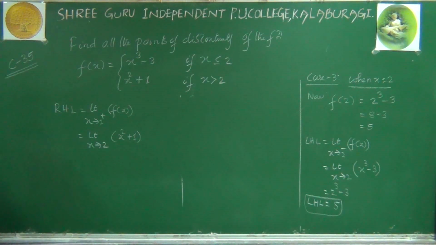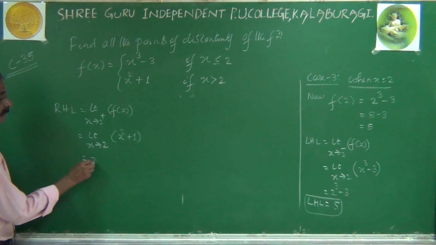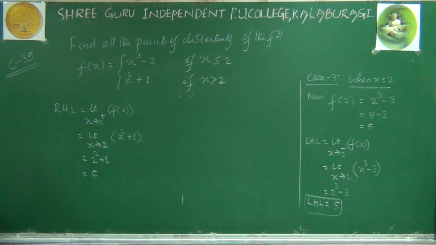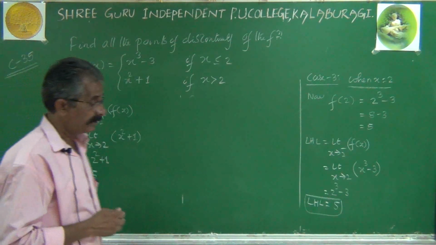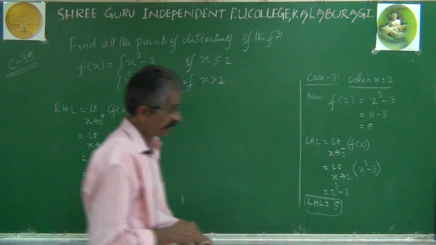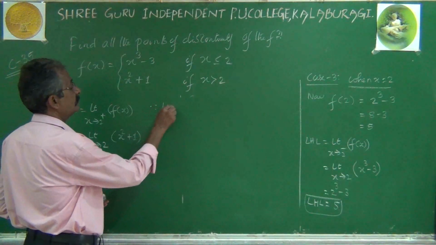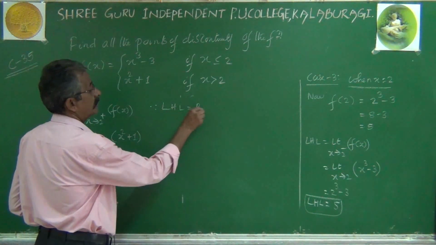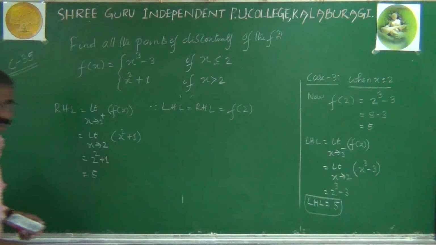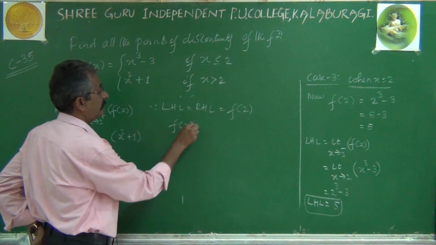Replace x by 2 because it does not possess 0 by 0 form. 2 square plus 1, total becomes 5. What's the conclusion? LHL is 5, RHL is 5, f of 2 is also 5. So the function is continuous at x equal to 2, since LHL equals RHL equals f of 2. That means f of x is continuous at x equal to 2.